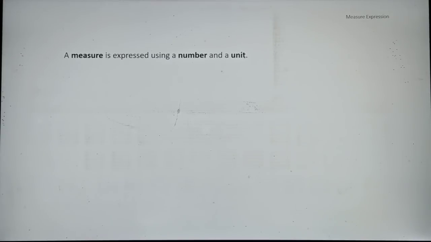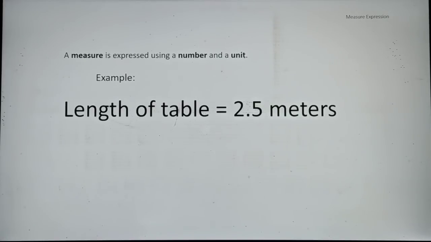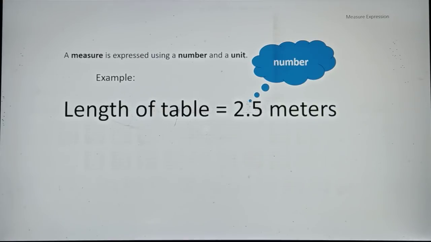For example, if the length of the table is 2.5 meters, that means the length of the table is 2.5 times the length of the meter stick. The unit meter serves as the means of comparison between the length of the meter stick and the length of the table.